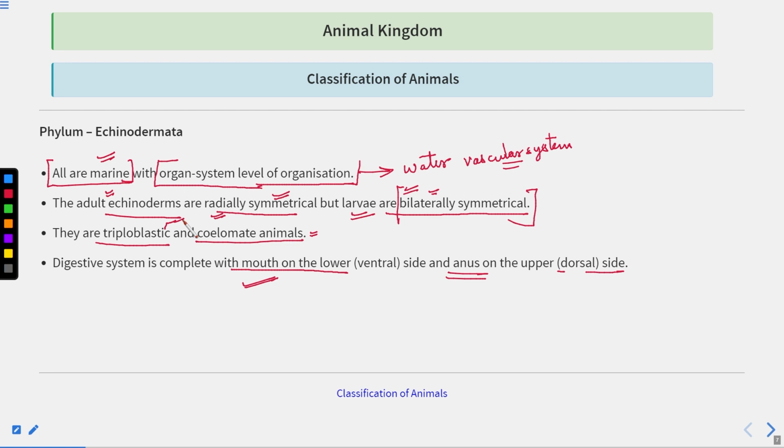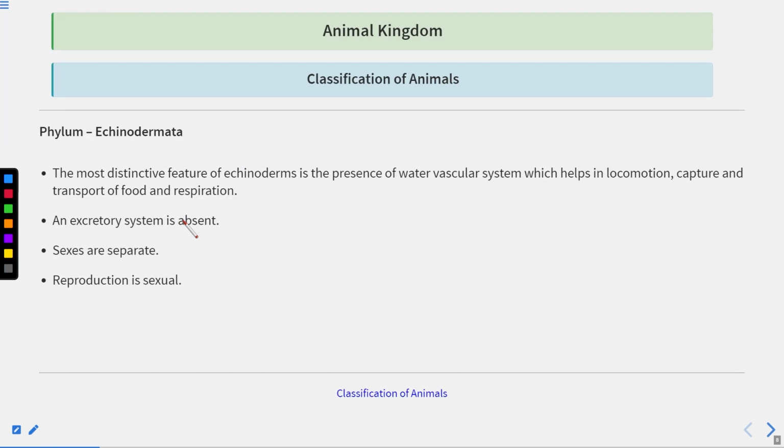The mouth is present on the lower surface, that is the ventral surface, and the anus is present at the dorsal surface.